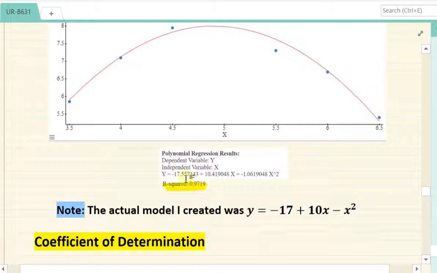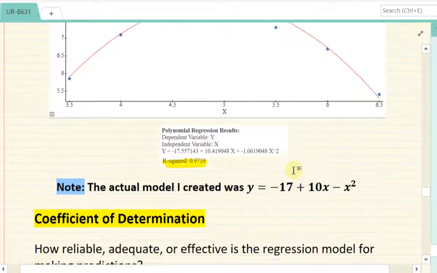Look at Minitab, look how close it was able to get these numbers. 10.4, the actual number is 10, negative 17, there we go. Now in real life, you don't know this, but this just shows you that the stuff really works. It's a pretty good approximation of the actual numbers. I just created data based on this model, and I added some random normal error to it, and that's how I got these points.